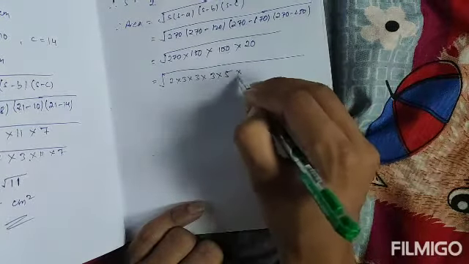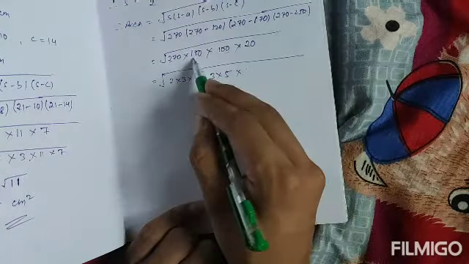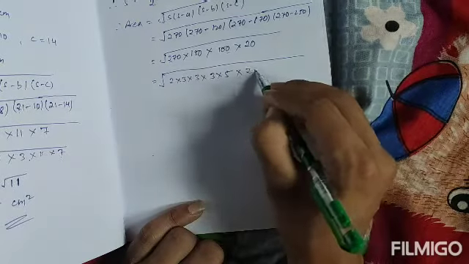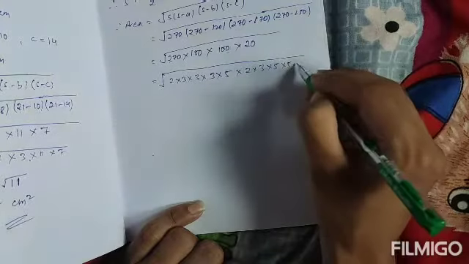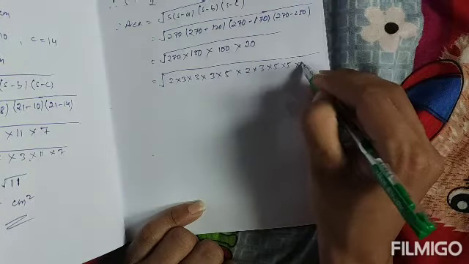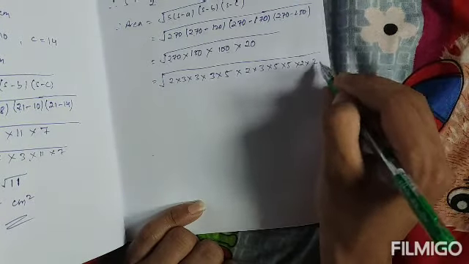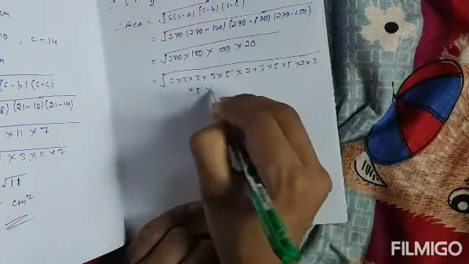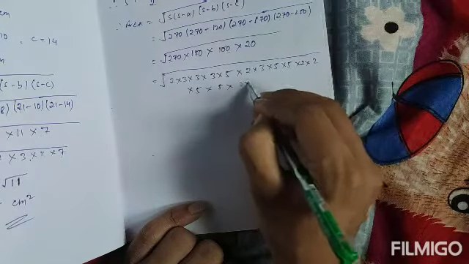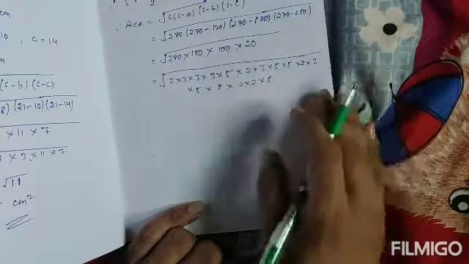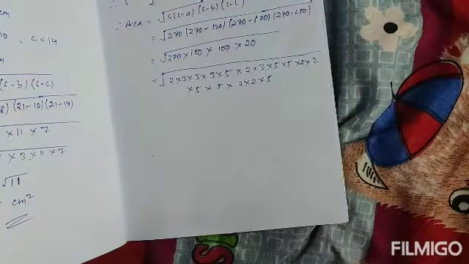And if you prime factorize 150, then you will get 2 into 3 into 5 into 5. If you prime factorize 100, then you will get 2 into 2 into 5 into 5, and if you prime factorize 20, you will get 2 into 2 into 5. I am prime factorizing each and every term.